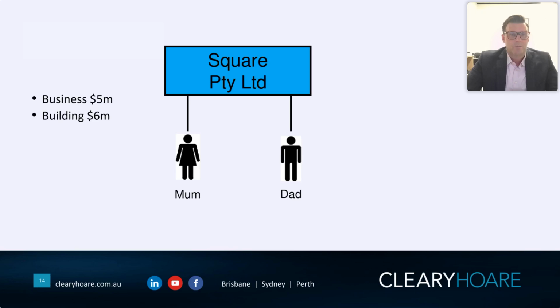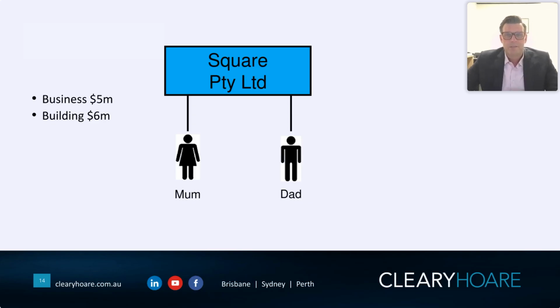Sorry, I should say we're not paying market value rent because it's in the same entity, but if we've built up this sort of asset base, clearly our business has been profitable, so it's very likely to have had retained profits. Again, that issue with whoever's the director also being the shareholder. So not great. It is what it is. It's the way the clients have been structured. It's what they've done. But is there a way that we can fix it?